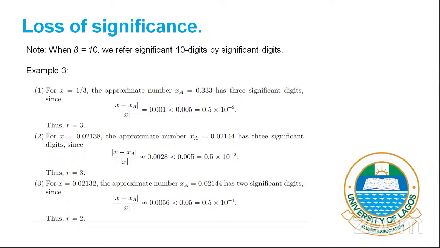Plugging it in, it will now be 1 over 3 minus 0.33, over 1 over 3. In order to do this, you have to multiply both sides by 3. When you multiply both sides by 3, you have, I think, 1 minus 0. Let me.